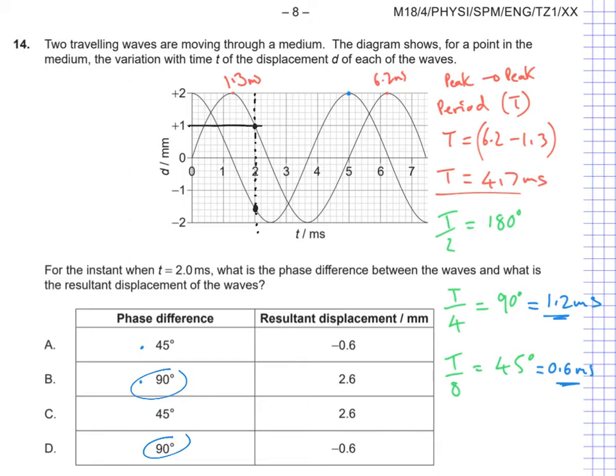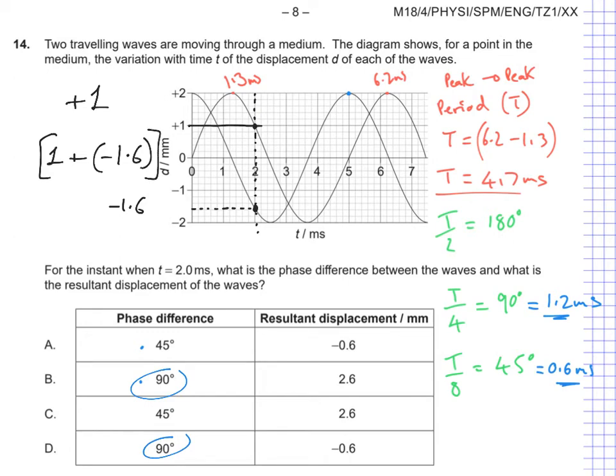So this one here is going to be +1. So we have a +1. And this part here is going to be negative 1.6. So let's add those together. We have a plus 1 plus the negative 1.6.